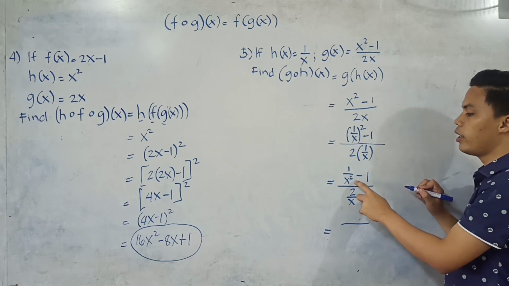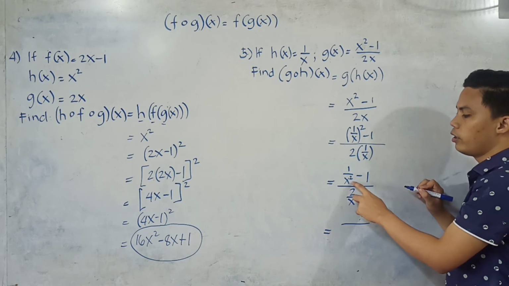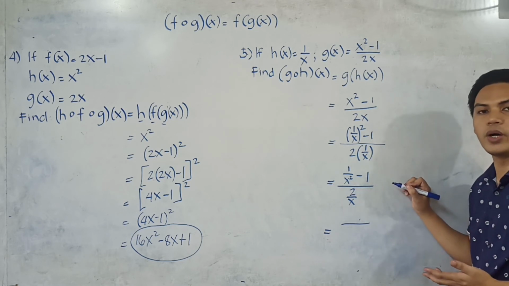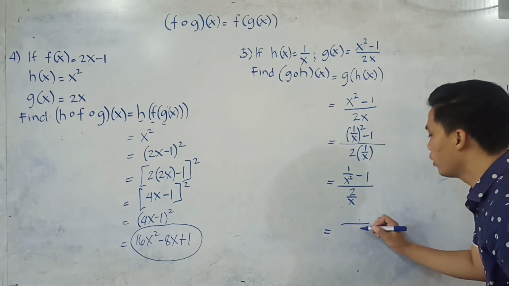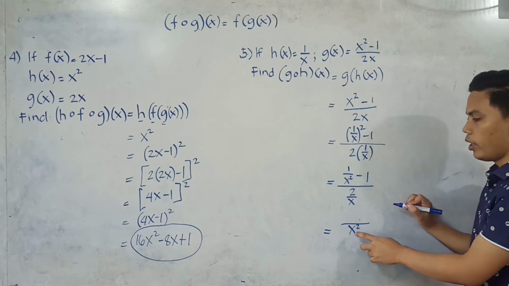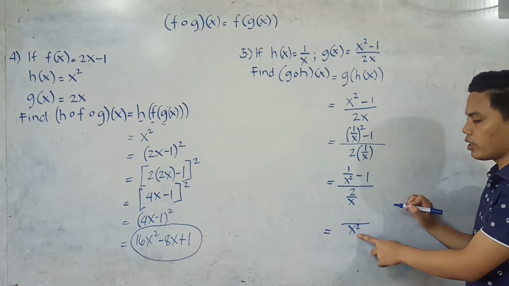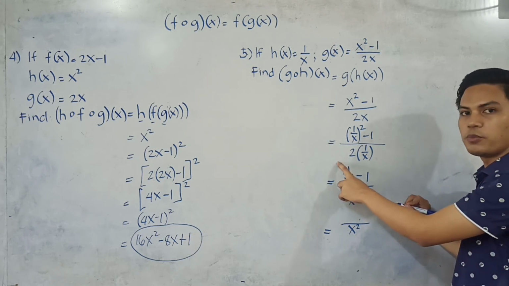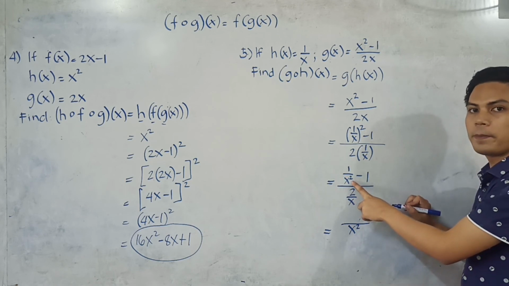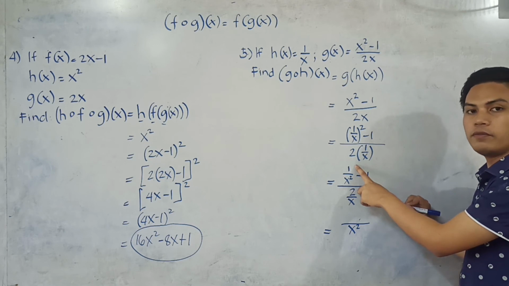Okay, so kukunin natin yung LCD ni x squared at saka na 1. So ang LCD ni x squared and 1 is of course x squared. So ang LCD, ilalagay agad natin dito sa baba, you have x squared. Denominator or LCD divided by denominator times numerator. So x squared divided by x squared, that is 1. Times 1, you will have 1.